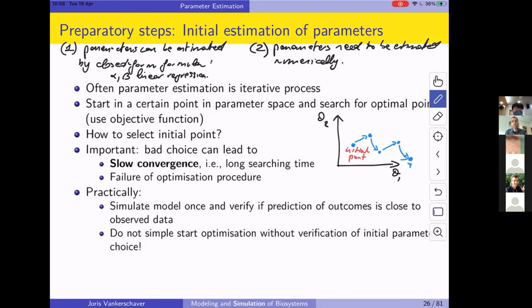So let's say, for instance, you have a chemical process where you want to estimate the rate, and the true value of the rate is 1 per second. But for some reason, you started with an initial guess of 10,000 per second. Now your optimizer will have to figure out, okay, 10,000 doesn't make sense for this problem, so let me try 9,999 and see, okay, I have a small improvement, okay, 9,998, and so on, until it gets in the region of your optimal value.